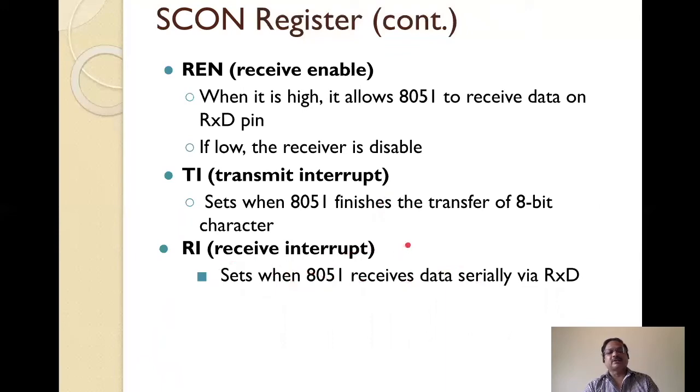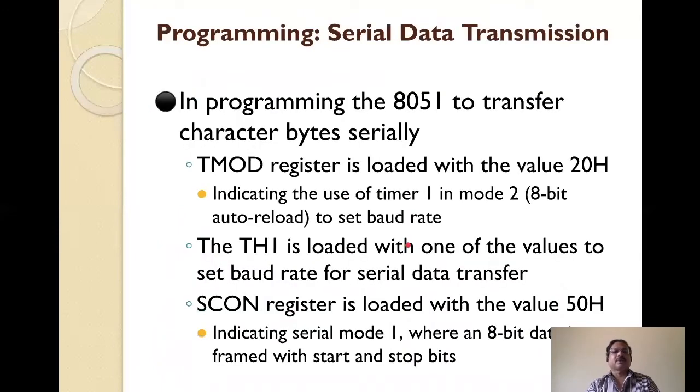flag will be automatically set. Next, in order to program the serial port, you have to initialize the different registers. You can see here the TMOD register that should be initialized with the value 20H, indicating the use of timer 1 in mode 2, that is the auto reload mode, to set the baud rate.